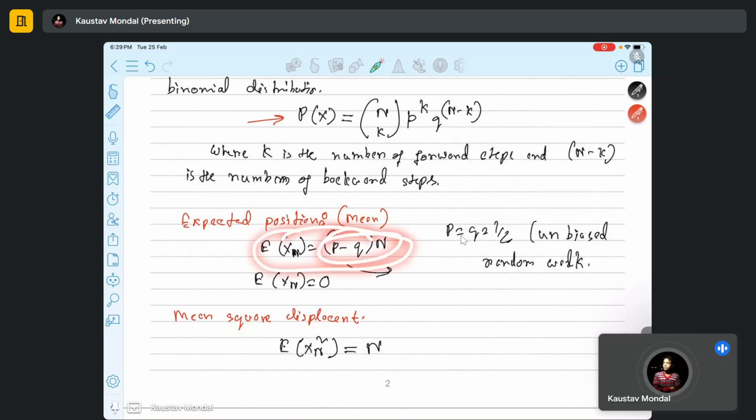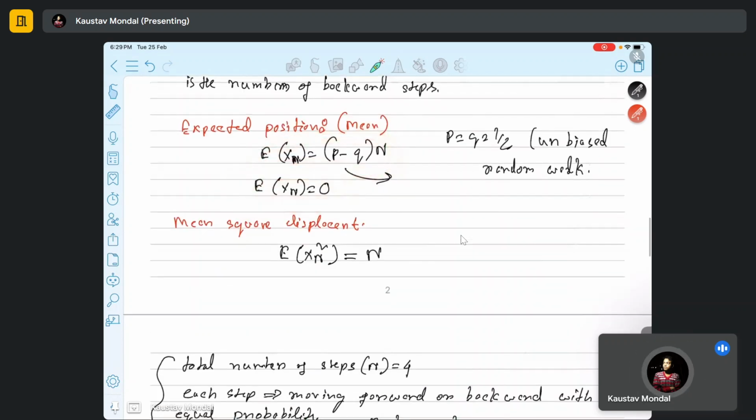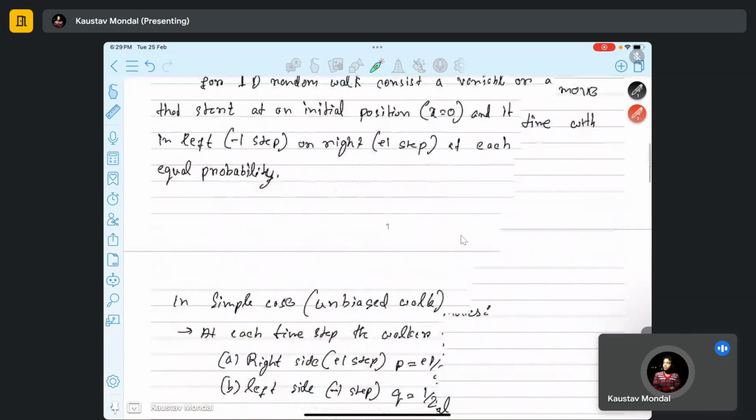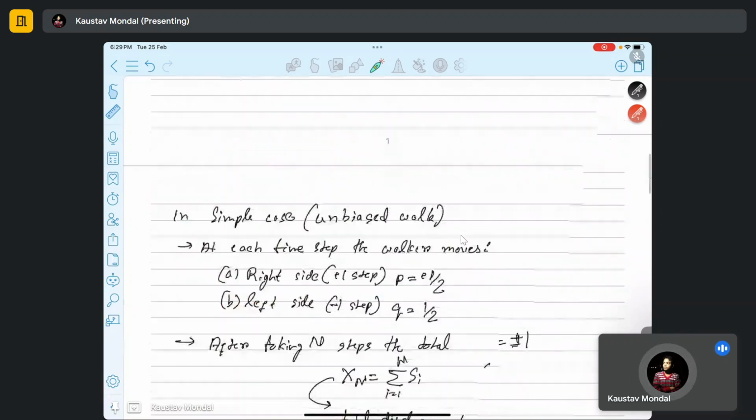This gives you the expected position, or the mean of the displacement. For an unbiased random walk, this mean will be equal to 0, and the mean square displacement, that is, if you take the square of the variable x and then take the mean, gives you n, the total number of steps. So these are some properties of the random walk problem in one dimension.